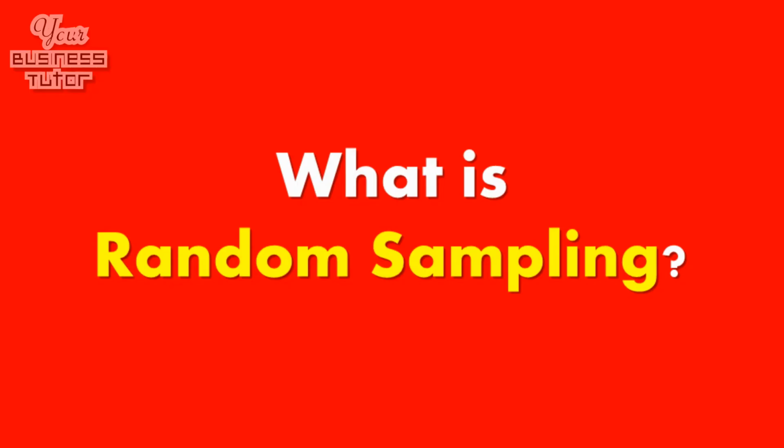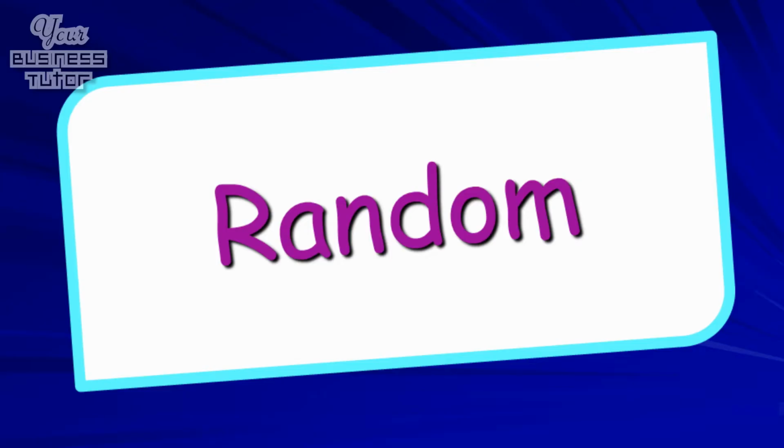So, with that, let's turn to look at different methods of picking a sample by first asking, what is random sampling? Random sampling is when those selected to be in a survey are chosen at random from a list. For example, if a business wanted to survey the whole population, it might select people at random from government census data.